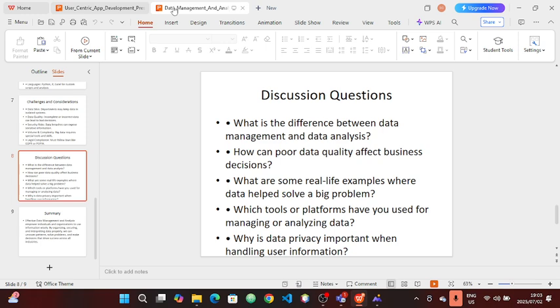So yeah, that's the difference between data management and data analysis. The one collects, stores, and organizes, and the other examines and interprets data. And then going to the second question, how can poor data quality affect business decisions?